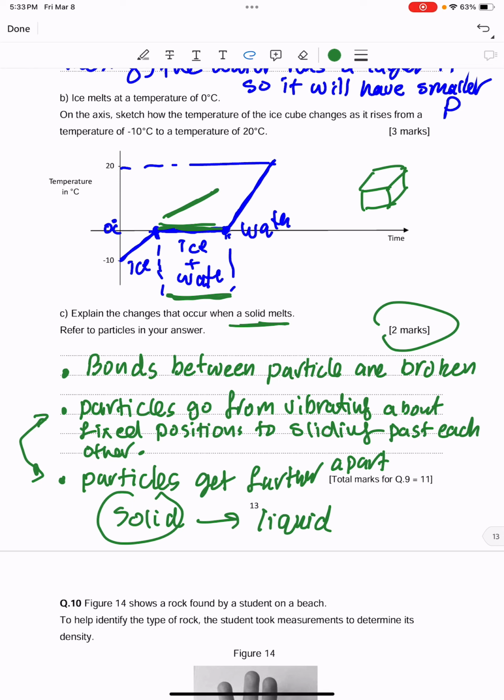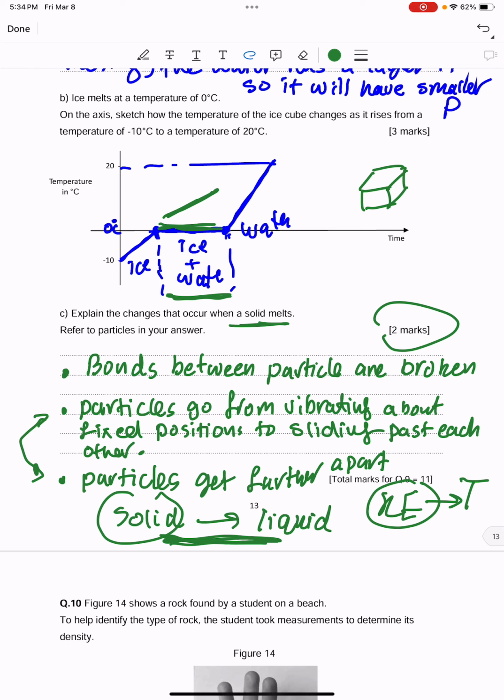We're going to talk about this change because of the thermal energy they gained. And don't mention the kinetic energy here, because kinetic energy is directly related to change in temperature, and in this case no change of temperature is happening. The only thing happening here is a change of the state of the matter. When you talk about any change of kinetic energy, you're hinting at a change of temperature, and we know that this is not correct here.